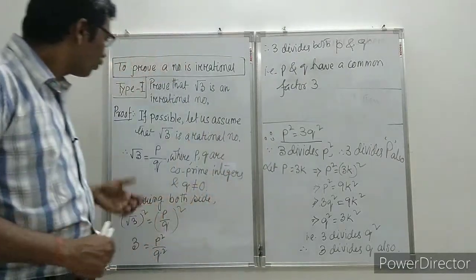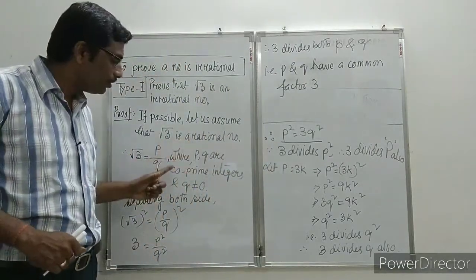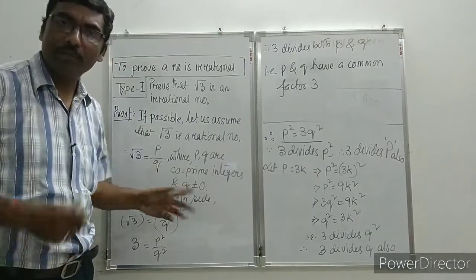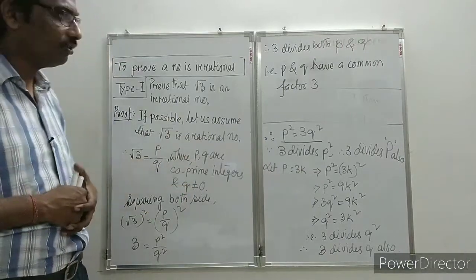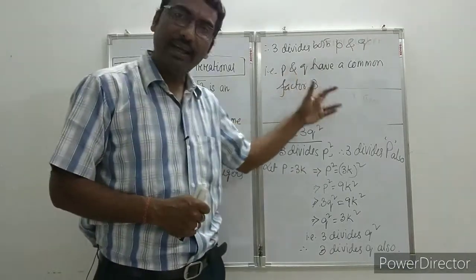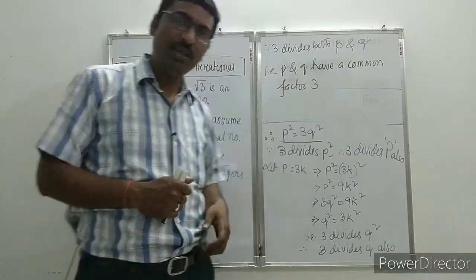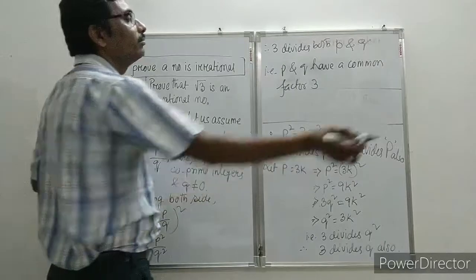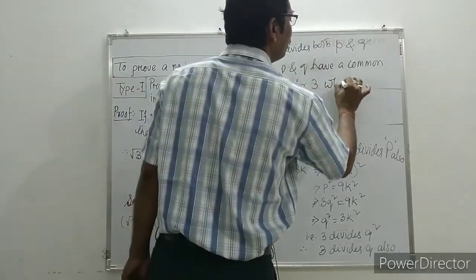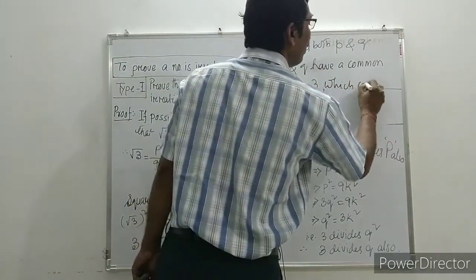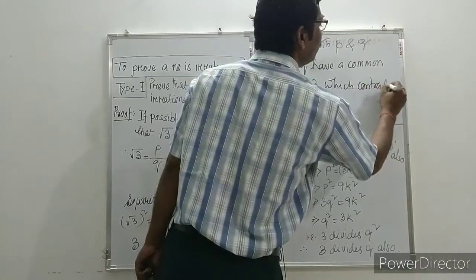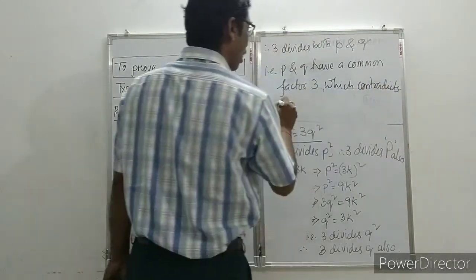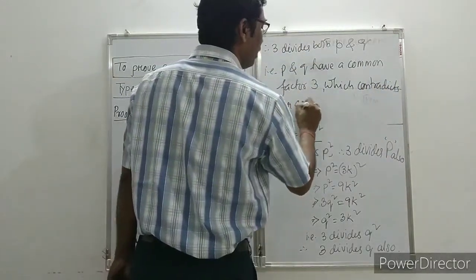But you see, what did we assume? p and q are co-prime, that means they don't have any common factor between them. But what we are getting now is that they have a common factor. Which means what we have assumed is wrong. This contradicts our assumption.